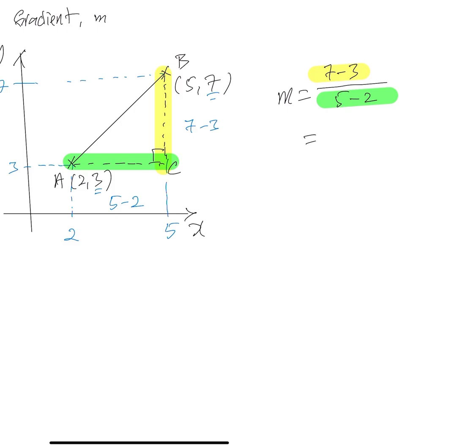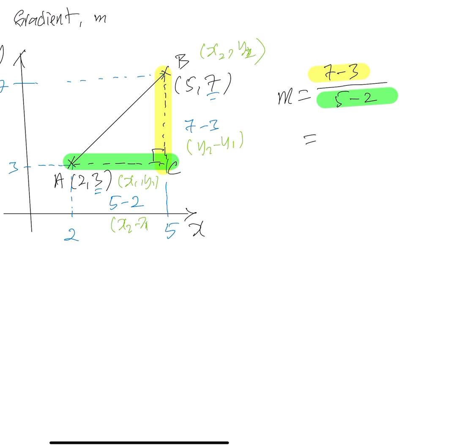Similarly, if we generalize it, this is (x2, y2) and this is (x1, y1). So I will have y2 minus y1 on top, and x2 minus x1 at the bottom.